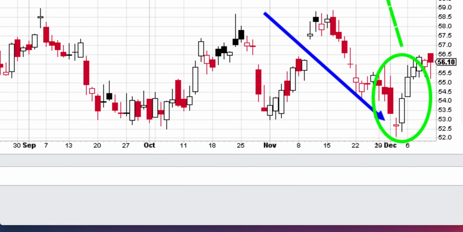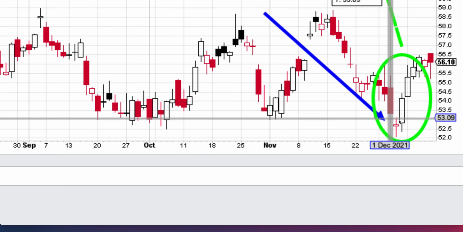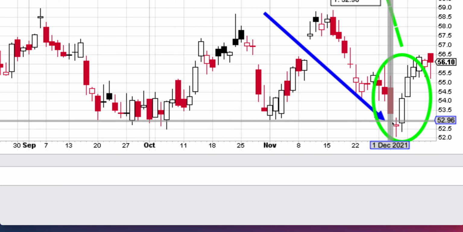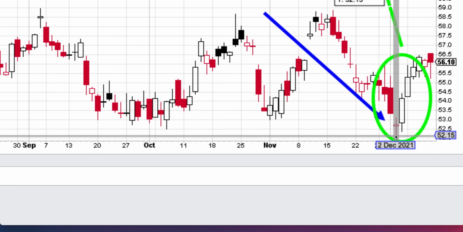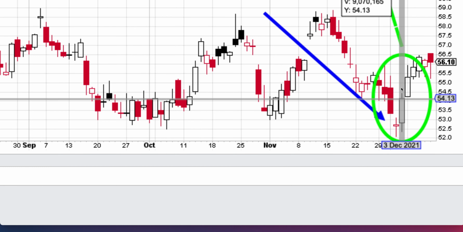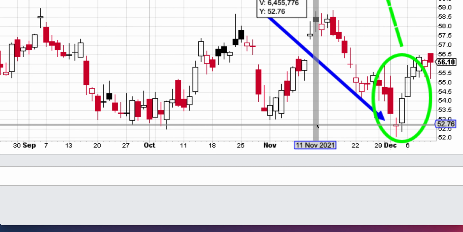So we had a very ugly red candle with a gap and a form of a doji. Even though it's not really a doji, it just looks like a baby, and a gap up with a white candle. This is an Abandoned Baby Morning Star, which is very, very reliable.